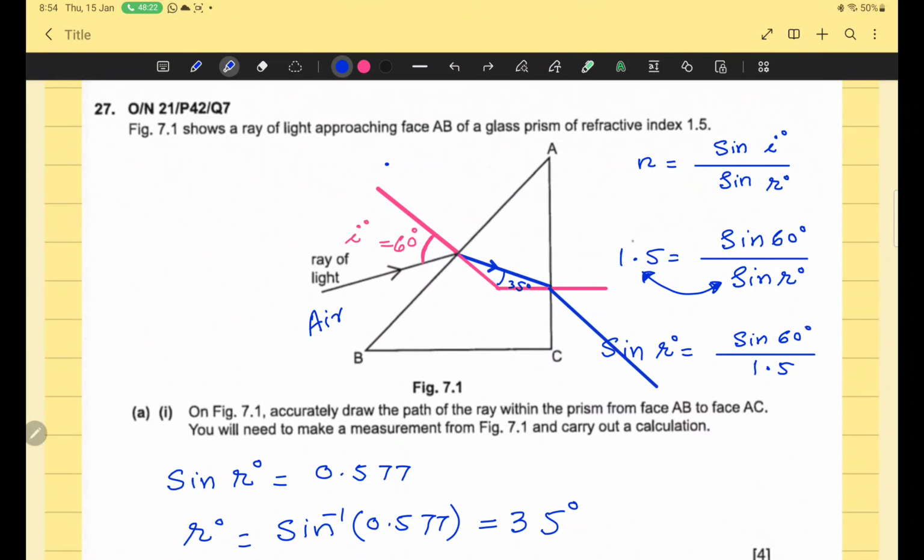Without calculation, you have to draw the ray which emerges out from the prism. So this is the incident ray. Inside the prism it is refracted, and after the prism it is emerging out. So I have drawn its path.